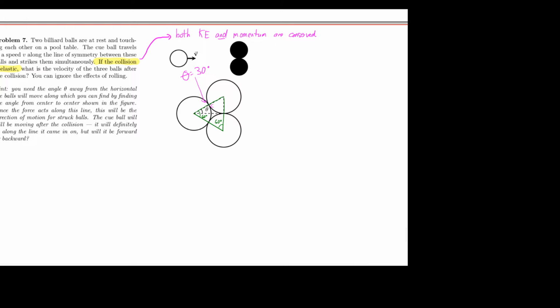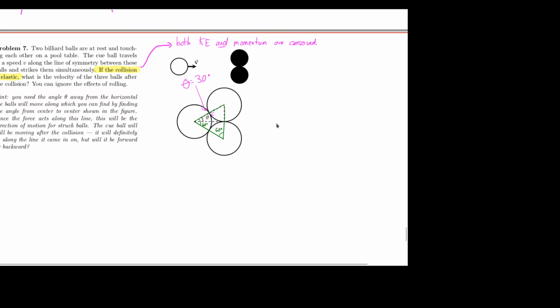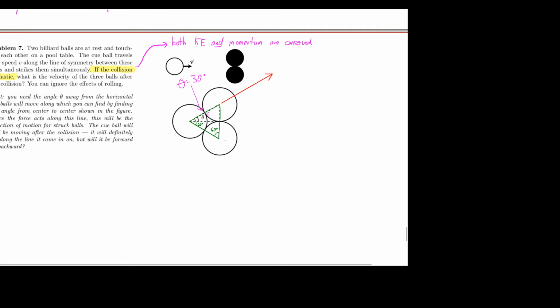I'm going to annotate this with a cartoon of what happens after the collision. So after the collision, this top ball goes that way, bottom ball goes that way, and the cue ball, I do not know its velocity. I don't even know if it's to the left or to the right yet, but I'm going to label those things.